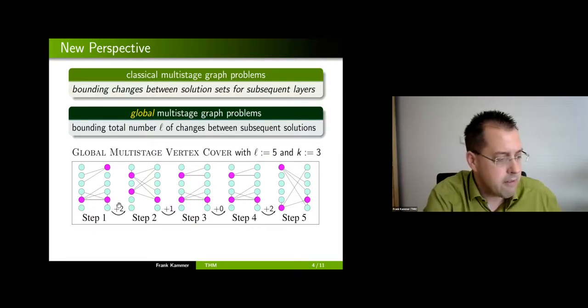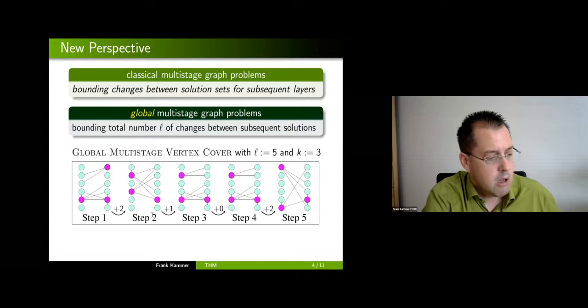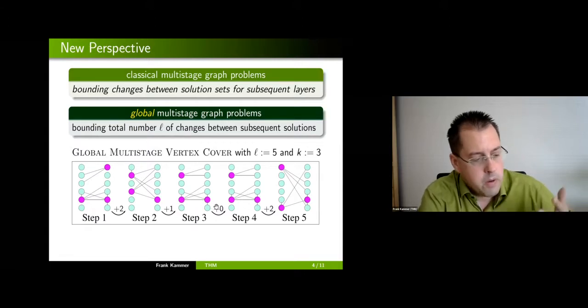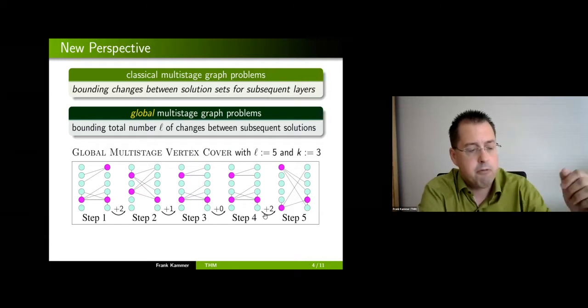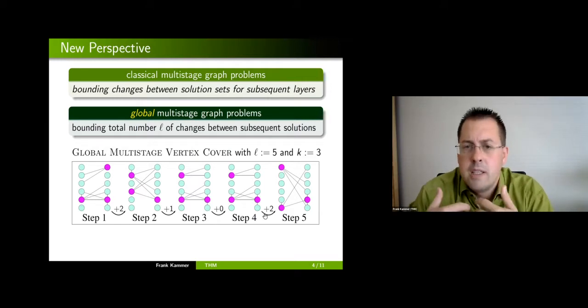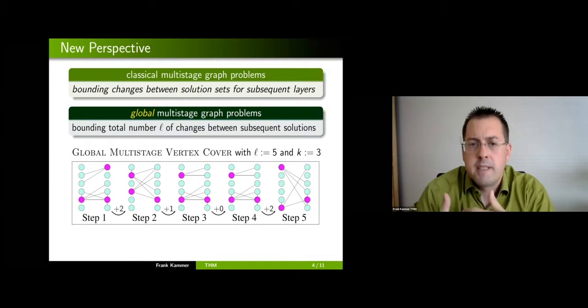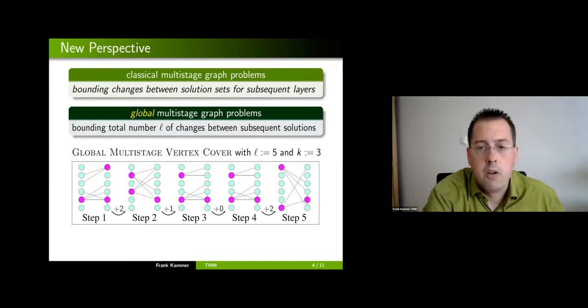Here, it's now fine that, for example, we have only 5 changes over the whole lifetime. Then it's okay to have 2 changes from step 1 to 2, whereas we save something in some later step. And again, we have, for example, costs of 2. So the global multi-stage problem gives us more flexibility on the problem.